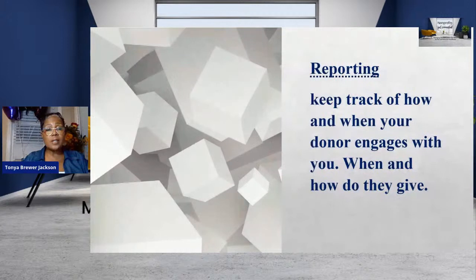One of the reports you want to always have is a gift detail report. A gift detail report lets you know who's giving, what they're giving, the date that they're giving, and the date that it hit the bank. You're going to want to keep track of this, because you should be reconciling with finance.